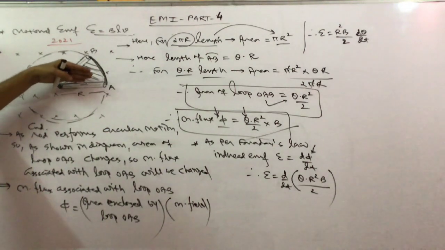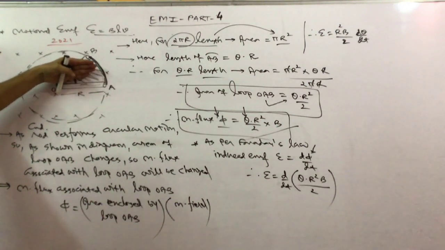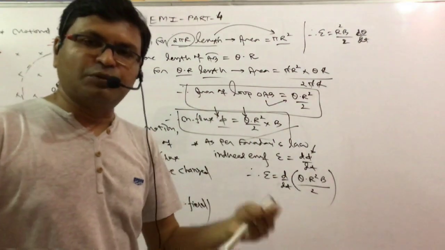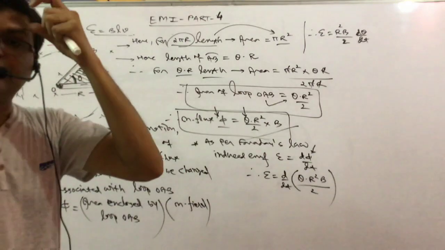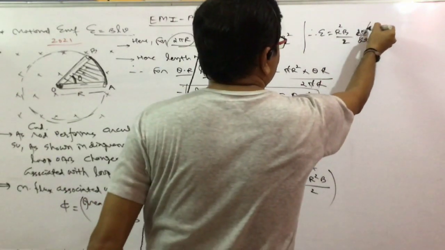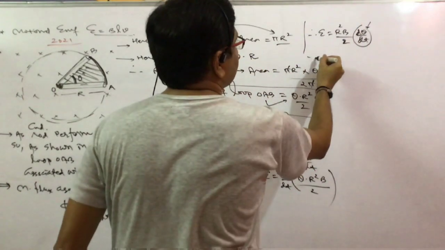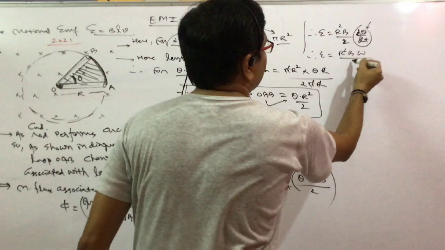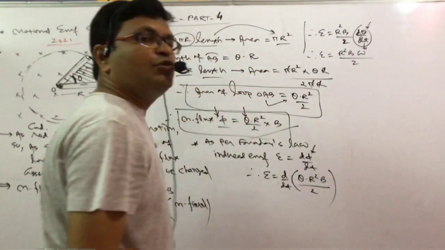Theta is the angular position. With respect to time, if the angular position continuously changes, then check chapter number 7, rotational motion. The rate of change of angular position, d theta by dt, as you know very well, is omega. This is called angular speed.